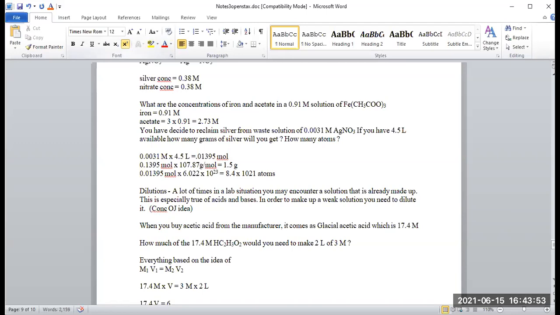So now take your moles and multiply by the fact that we know, and I should probably do this over moles, because that way moles on the top and moles on the bottom cancel out. And you get 8.4 times, and again, somehow this deleted it, 10 to the 21st power as your atoms.